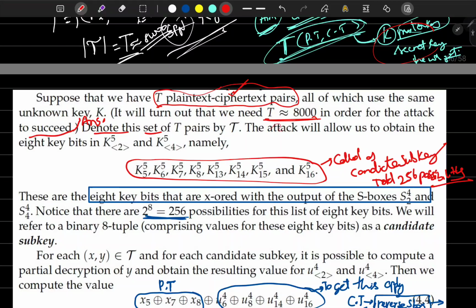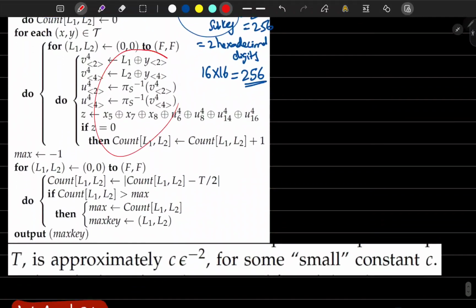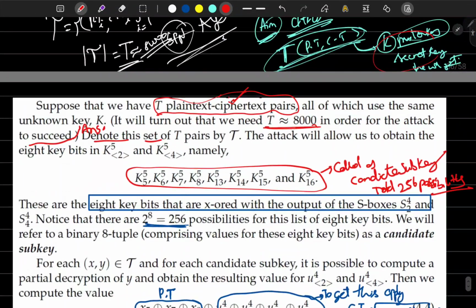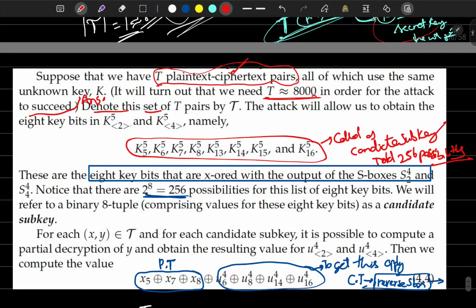Whatever algorithm I am going to discuss, from this algorithm I can get 8 key bits. 8 key bits of what? Not of the master key, but of the 5th round key, K5.